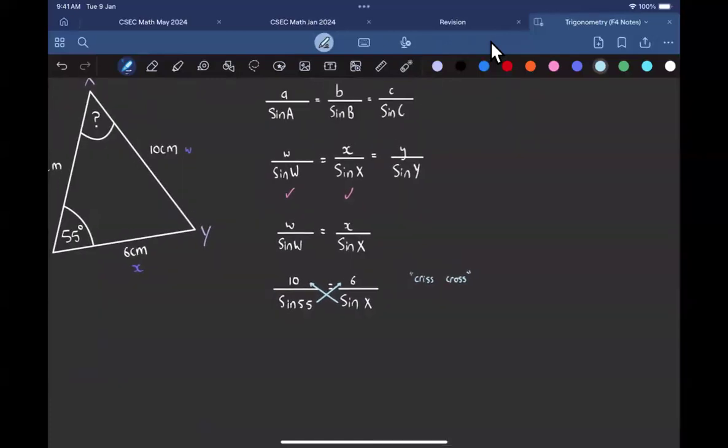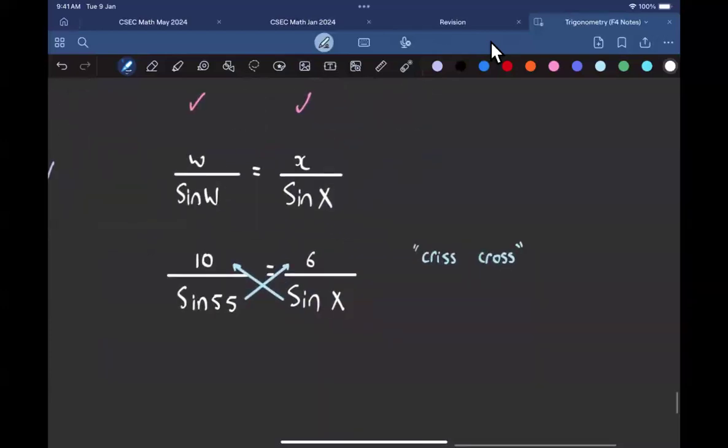So let us multiply now. What is sine x times 10? How would I write that? It will be 10 sine x. And then after it will be 6 sine 55.